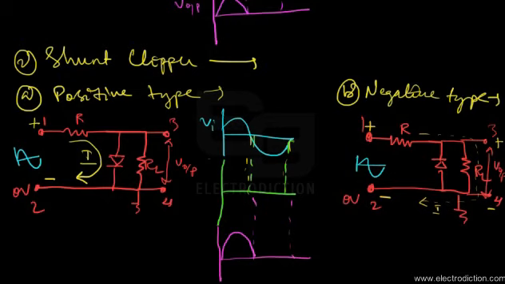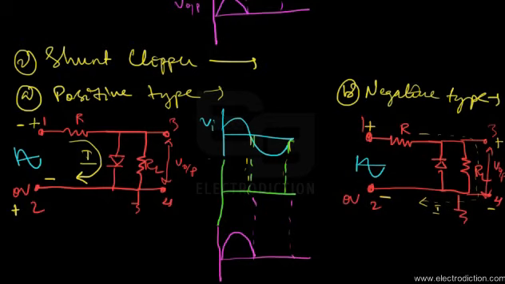When the second half cycle of the input signal arrives, let's see what happens. In case of the positive type shunt clipper, terminal 1 experiences a negative voltage compared to terminal 2, which is at a higher voltage compared to terminal 1. So the diode in this case is reverse biased, as the cathode of the diode has a positive signal on itself.